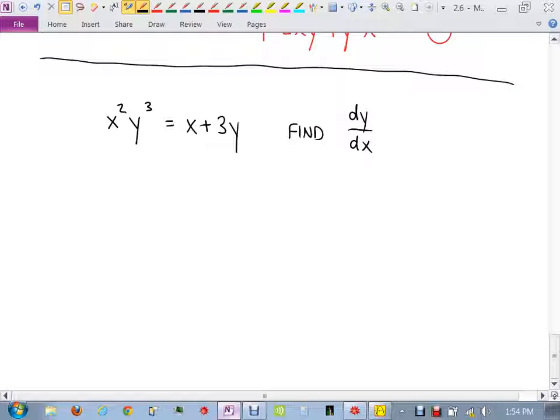I just want to make sure we're on the same page. So what do we have happening on the left? Product rule. On the right side, it's a sum, right? So I can just do them each one. Okay, so what's derivative of the left? Careful. y prime x squared. So again, it's that y prime that you got to be careful about, right?